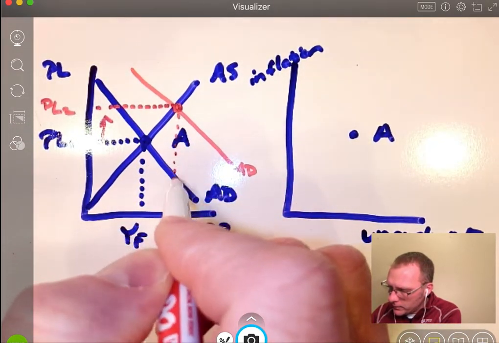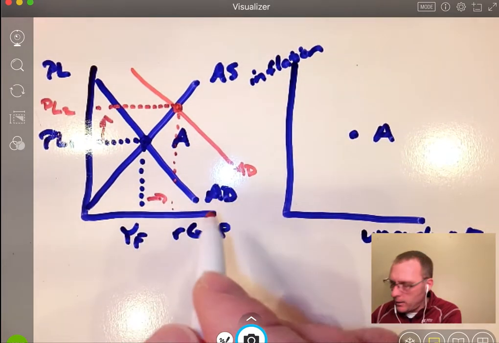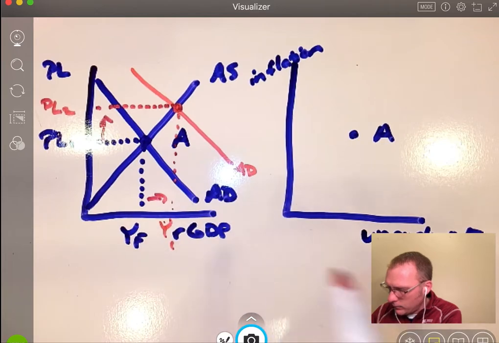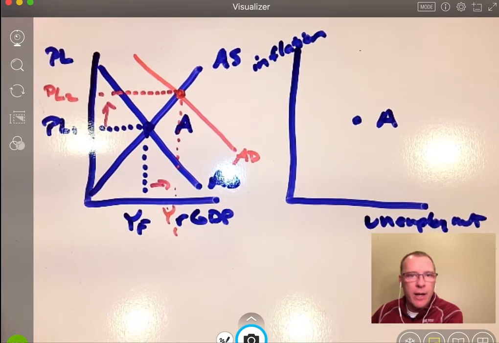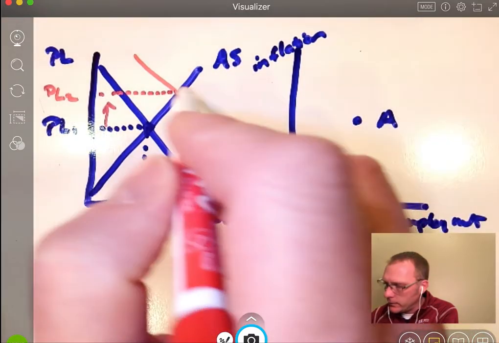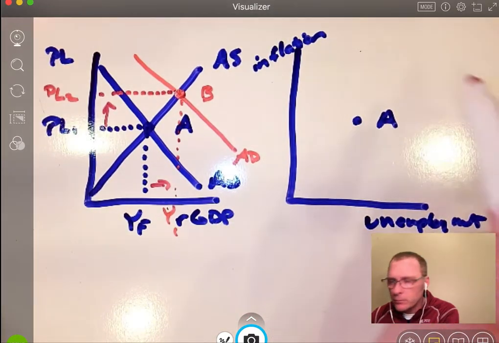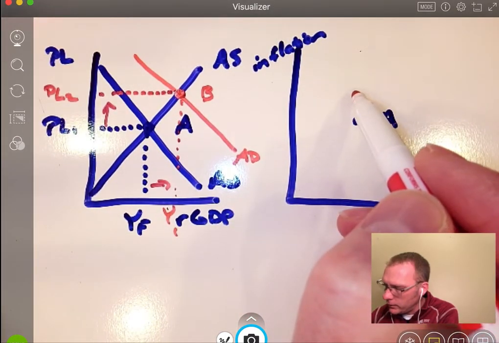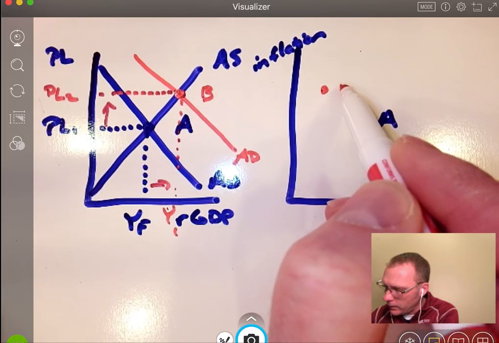And I'm also going to see more people have a job. So that's going to be, let's say, Y1 over here. Well, when that occurs and I see more inflation and less unemployment, now I have to go here to say, all right, where would that point, let's call that one point B, right? Where is that point B going to be? Well, more inflation and less unemployment is actually going to be right here.